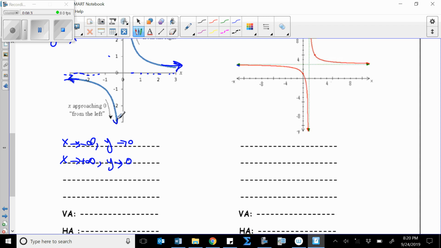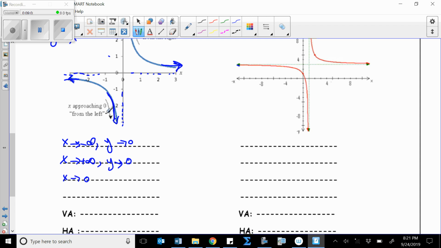Now let's talk about this end behavior over here. As you move on this part of your graph, your x is getting close to 0. Just check your x values. They are getting closer and closer to 0, but they cannot pass 0 because we have an asymptote here. So on this side, x is getting close to 0.